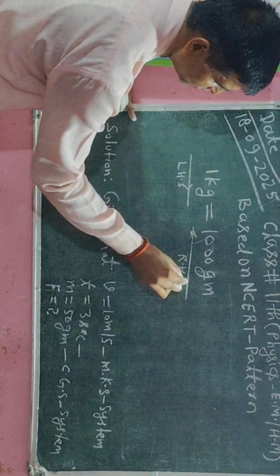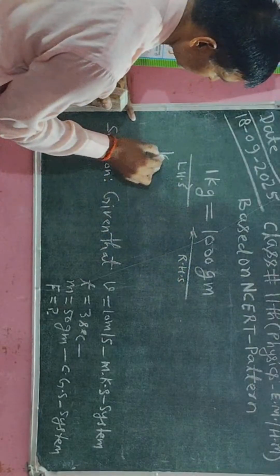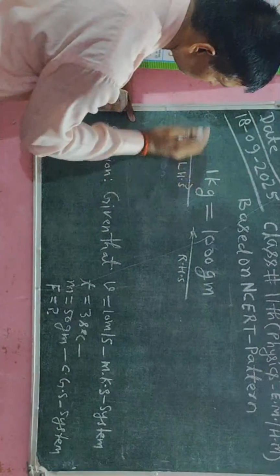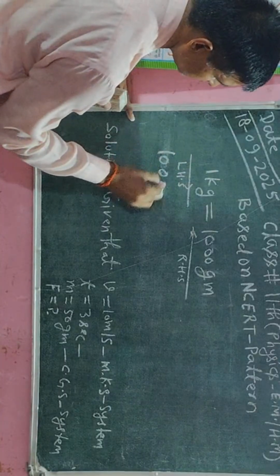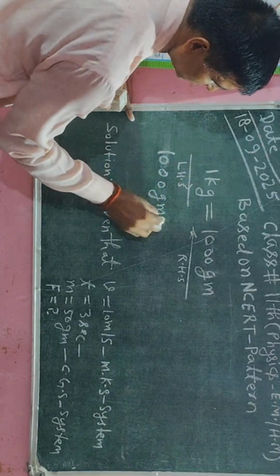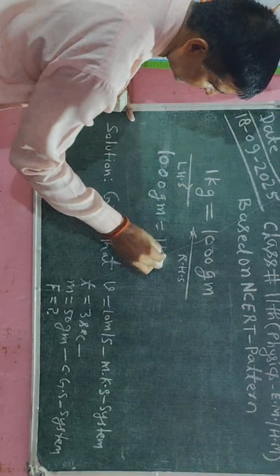Okay, we have to indicate the question. So I will write on the left hand side 1000 gram, which is equal to 1 kg. I calculate properly.